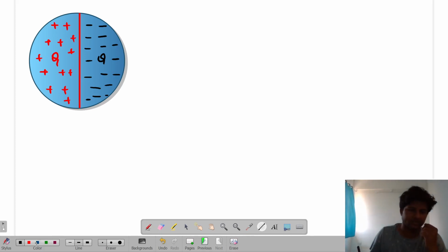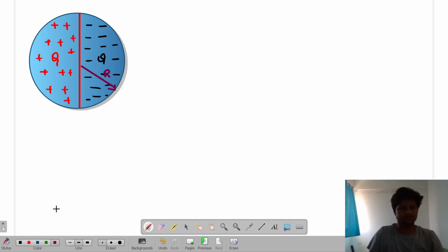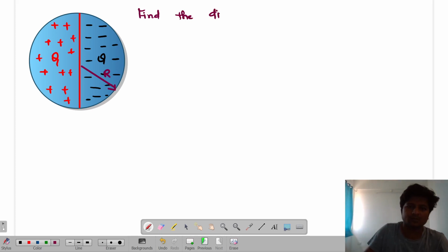The radius of the disk is also r. The question is to find the dipole moment of the disk. Easy, just do it fast.